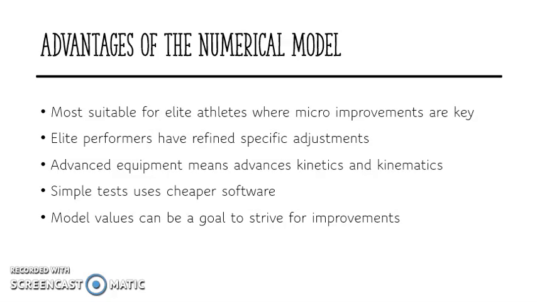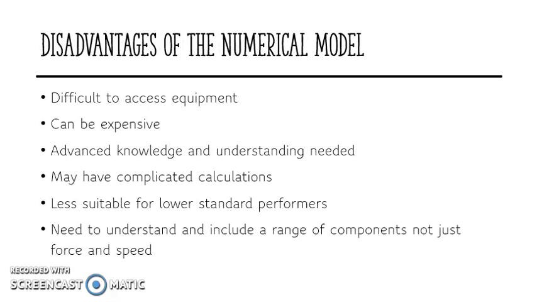And then lastly, for advantages, the model can help the performer strive and set a goal for their improvements, because they can see, oh, this angle is meant to be 45 degrees, but mine's 54. I can strive to get mine to a 45-degree angle, and then it gives them something to look forward to and a goal. And then lastly are the disadvantages.